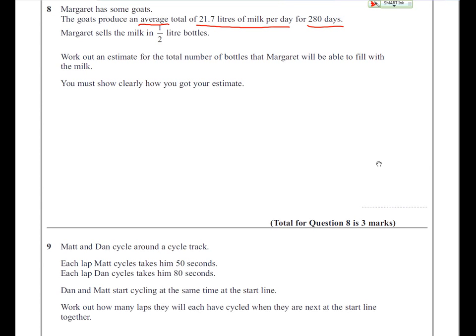Right, some questions in the exam you need to read more than once, okay? And in the actual exam, I would definitely read this one again. So, the goats are producing an average total of 21.7 litres of milk per day for 280 days. So if that's in 1 day, times by 280 to know about 280 days. She sells the milk in half-litre bottles.